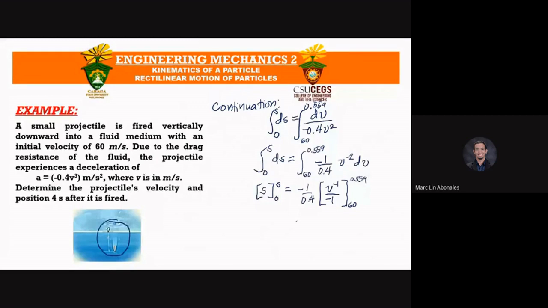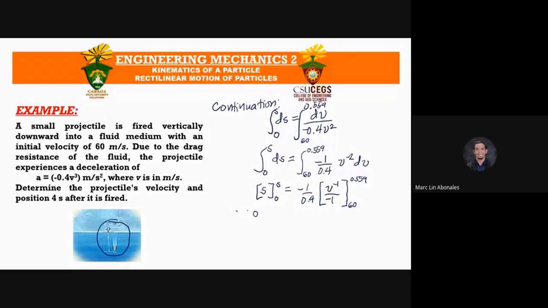Okay, so we substitute the upper and lower limits. Upper minus the lower, so that would be s minus 0 equal to negative 1 over 0.4 times the bracket. Since it is over negative 1, you can just move it up, and since the denominator is 1, you can write it this way.